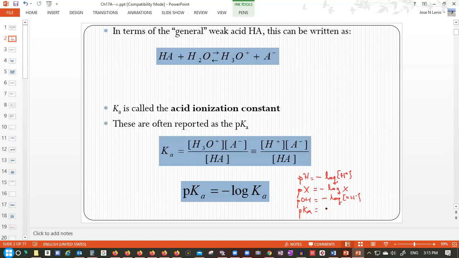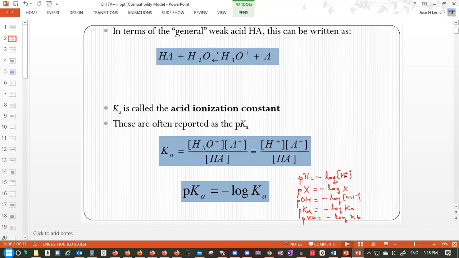And that will be negative log of Ka, of the acid. Similarly, we can find the pKb for weak bases, and you will see that later. That will be negative log of Kb. Why do we want to do this? Just to simplify the numbers.